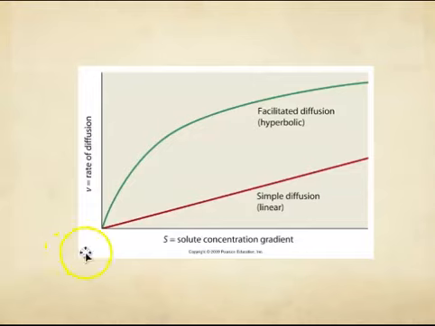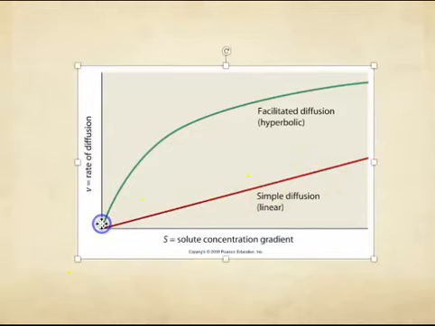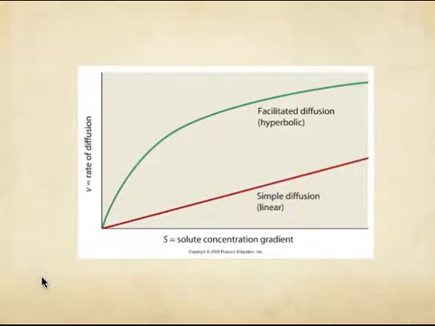On this graph, I want you to first look at this red line, which depicts the kinetics of simple diffusion. Notice that it's a straight line. This is a linear function. On the x-axis, we're looking at the size of the concentration gradient. And on the y-axis, we're looking at how fast simple diffusion is occurring.